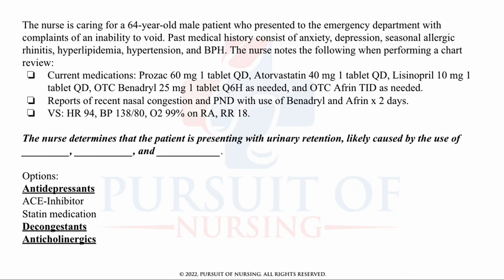These medications lessen the voluntary ability to contract the bladder. So the patient should be questioned about the use of these medications if he presents with urinary retention. ACE inhibitors and statin medications do not affect the patient's ability to urinate.